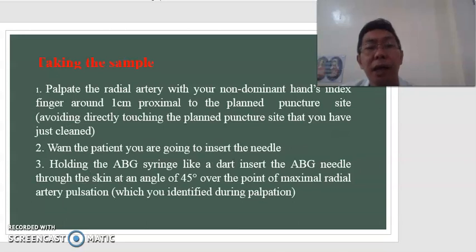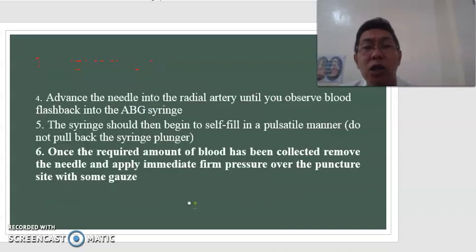So in taking the sample, palpate the radial artery with your non-dominant hand, index finger around 1 centimeter proximal to the planned puncture site. Warn the patient you are going to insert the needle, so that the patient will not be surprised. And then we hold the ABG syringe like a dart, inserting the ABG needle through the skin at an angle of 45 degrees over the point of maximal radial artery pulsation.